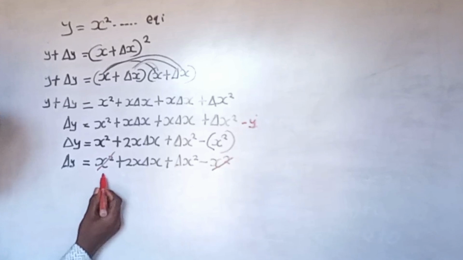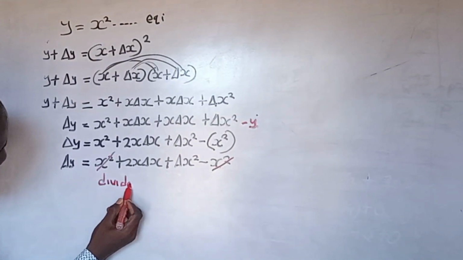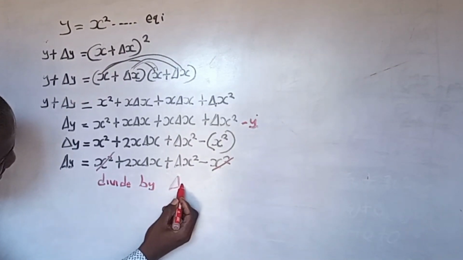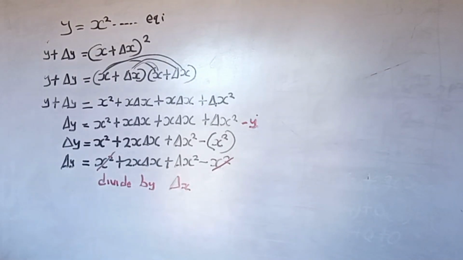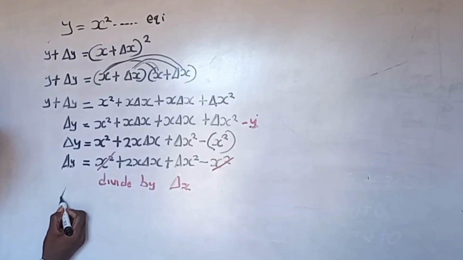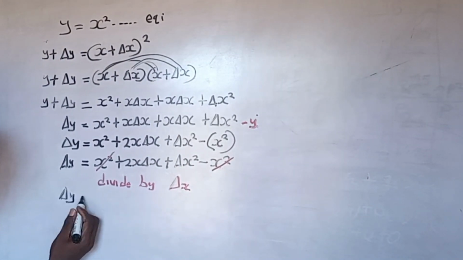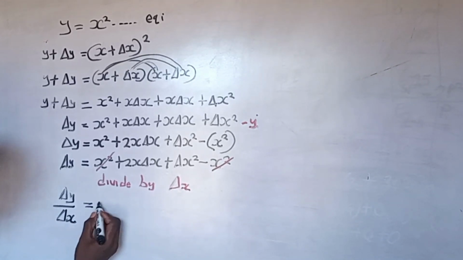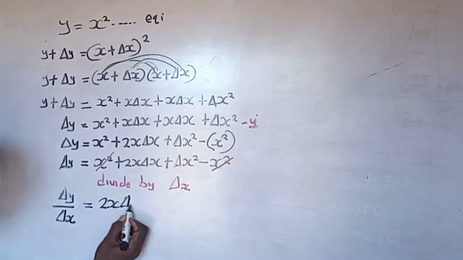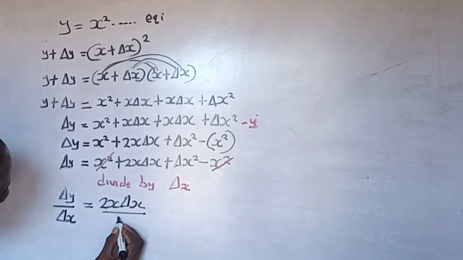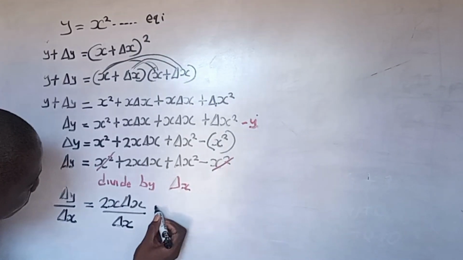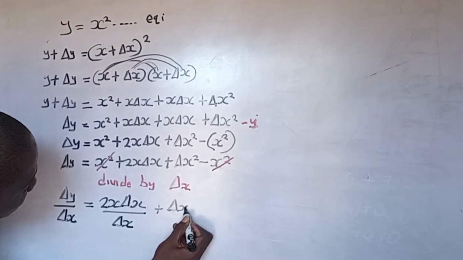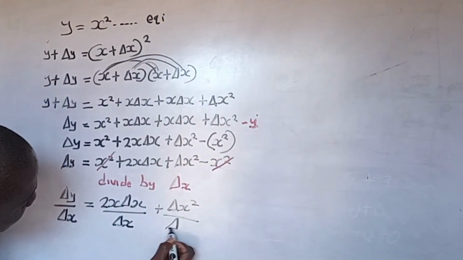If I divide both sides by delta x, I'm going to have delta y all over delta x equals 2x delta x all over delta x plus delta x squared all over delta x.